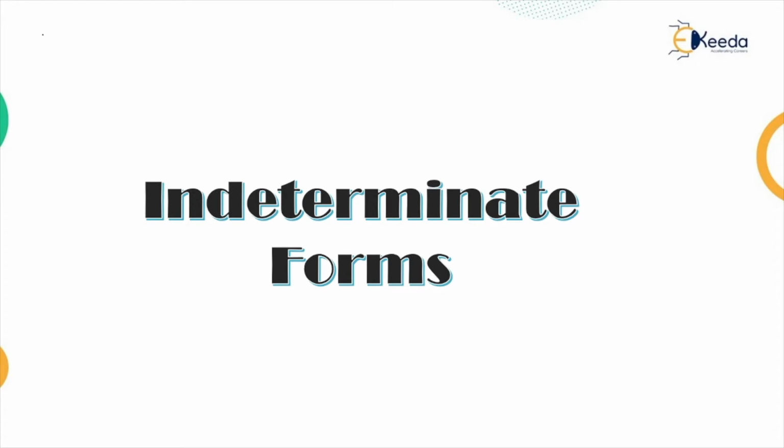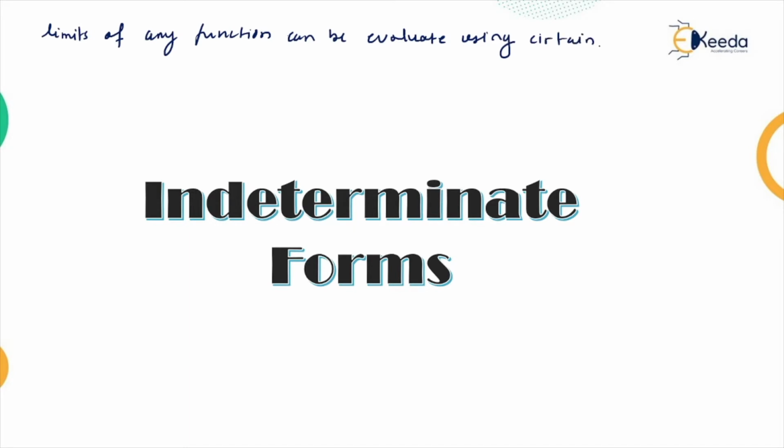I'm writing here: you know that the limit of any function can be evaluated using certain rules, but some examples of limits of functions cannot be evaluated by these rules.